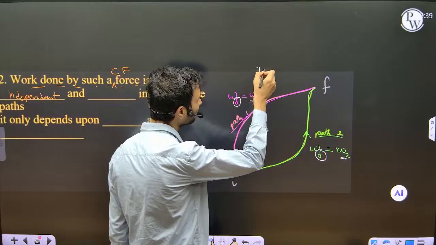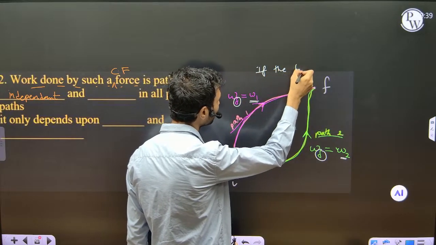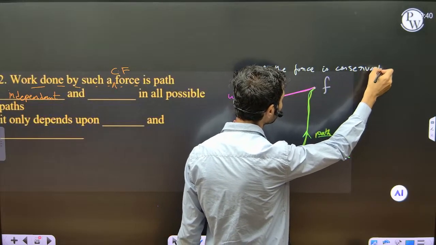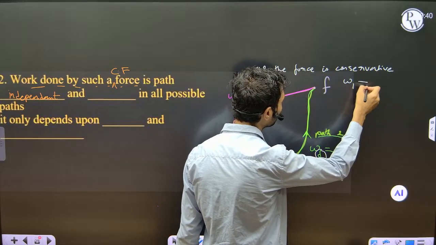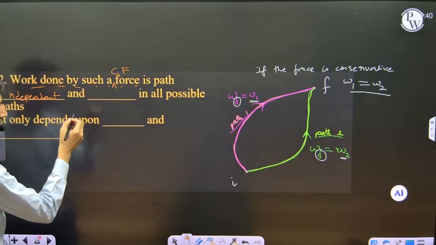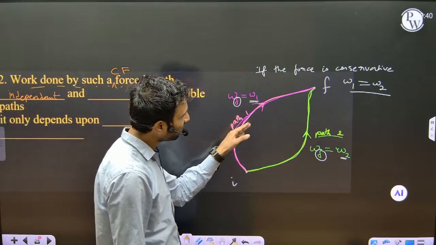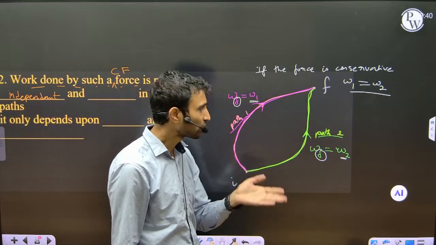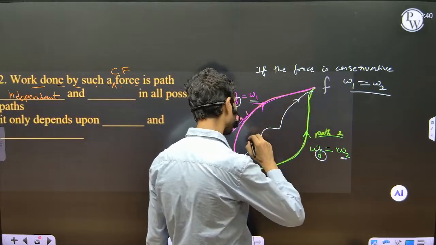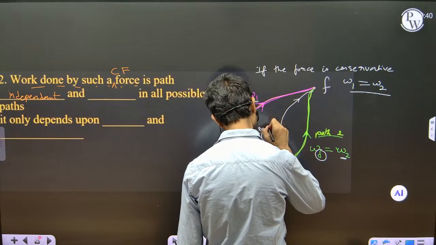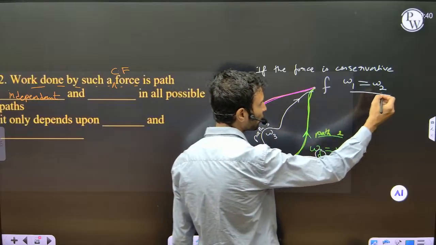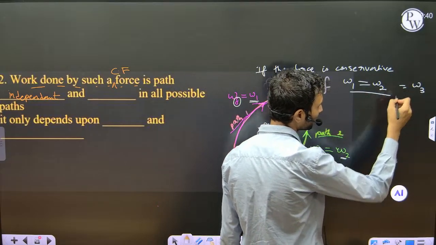If the force is conservative, W1 will become equal to W2. So does it depend on what path you are taking? It doesn't depend, because no matter what path you take, let's say you take a different path, call it path number 3, and work done by the force is, let's say, W3, this will also be equal to W3.